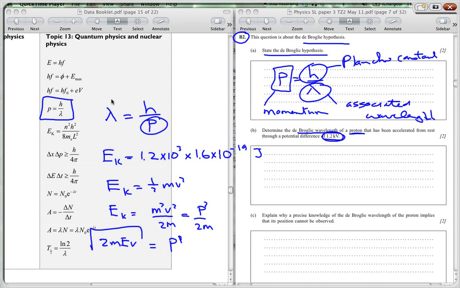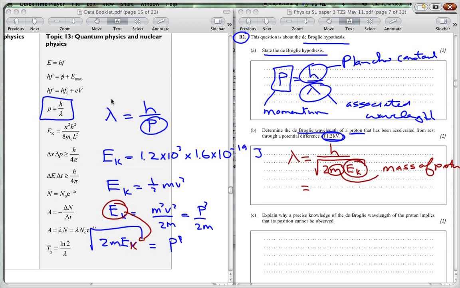So in working out, the wavelength is going to equal h over p, which is h over the square root of 2mEk. This is not an eV, this is your kinetic energy. When I put this in, this is the mass of a proton, so you go to the front of the data booklet where you've got all your constants.